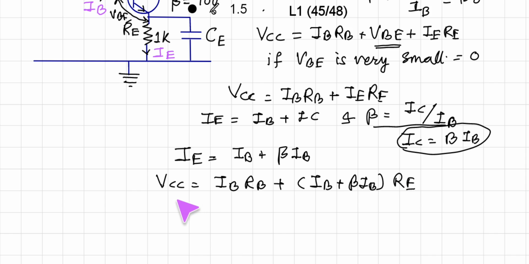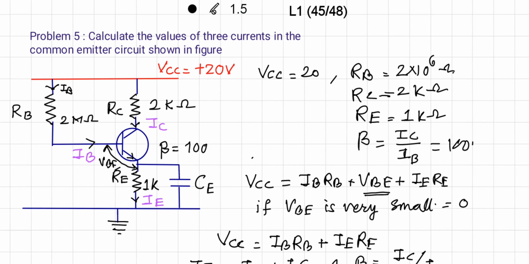We know the value of VCC, that is equal to 20 volt. So here we already have the values of RB and RE: RB is equal to 2 into 10 raised to 6, RC is equal to 2 kilo ohm and RE is equal to 1 kilo ohm.